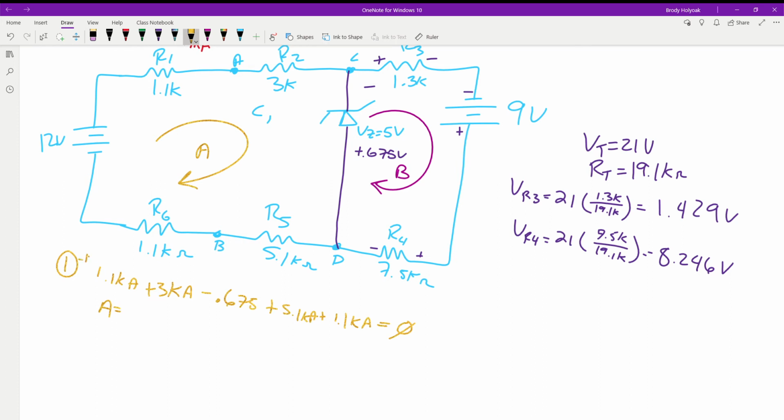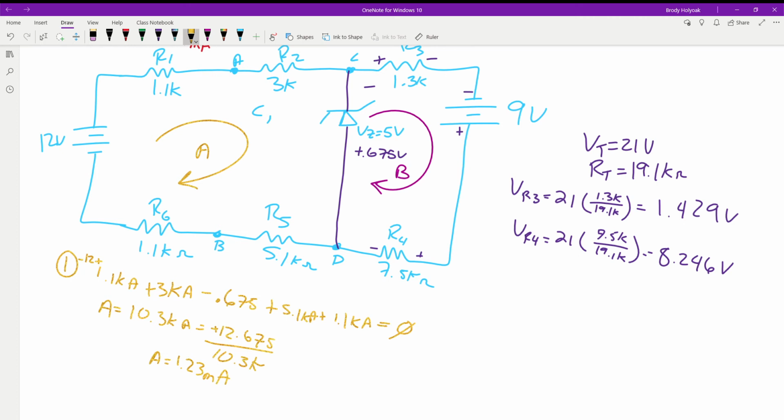Oh, it would be, there we go. Okay. So we've got 1.23 milliamps going there.